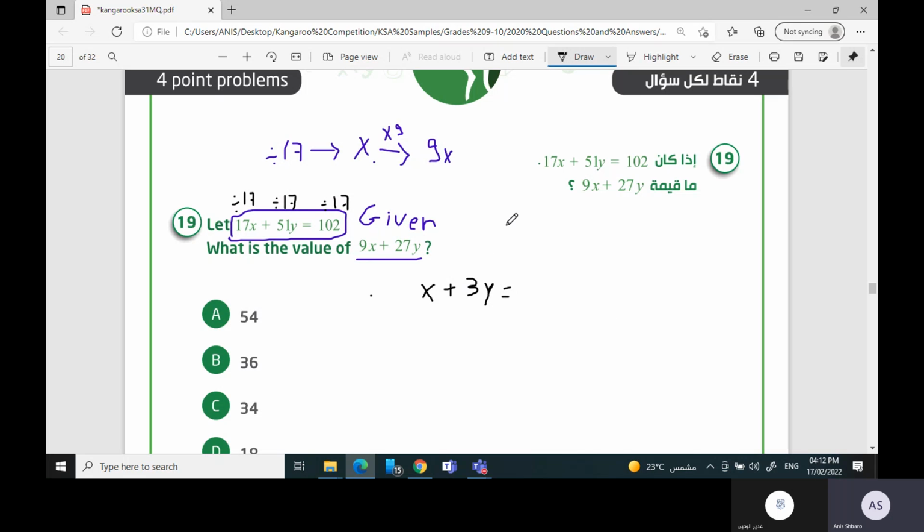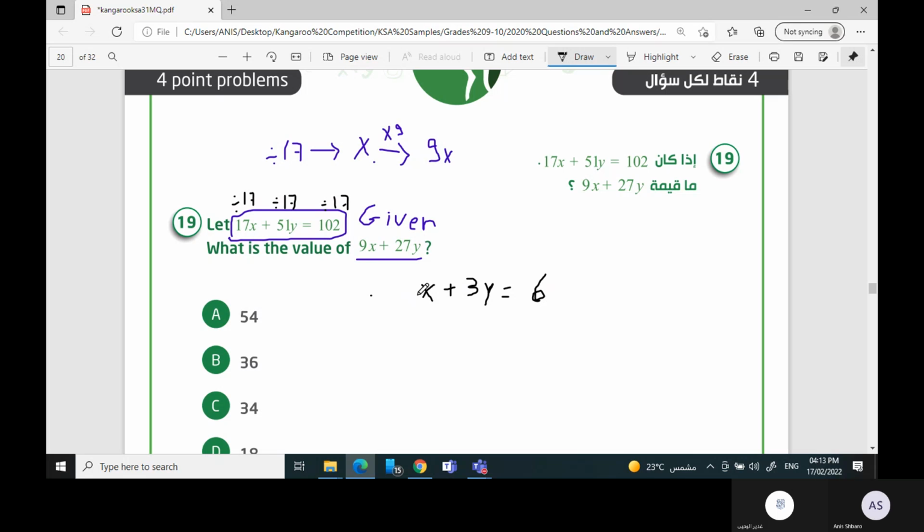Of course, you can use your calculator to directly get the answer, which is 6. For me, I don't use the calculator because 51 is half of 102. This value 51 divided by 17 is 3, so this one is double it. So 3 times 2 is 6.